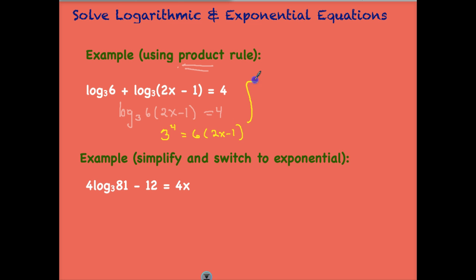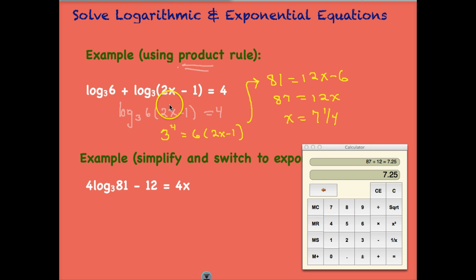Now all we have to do is a little bit of algebra and simplify, and we should be able to solve for x. So I raised 3 to the power of 4 and distributed the 6, and then added 6 to both sides, divided both sides by 12, and I would get 7 1/4. We need to take our answer and plug this back in and make sure this works.